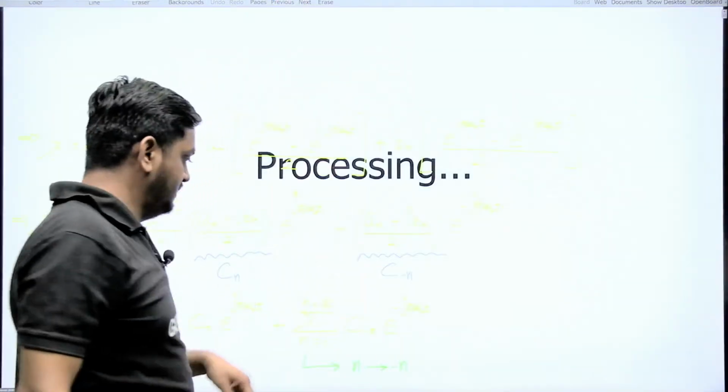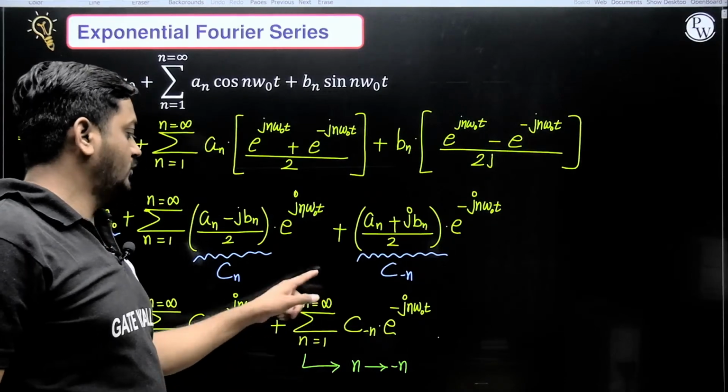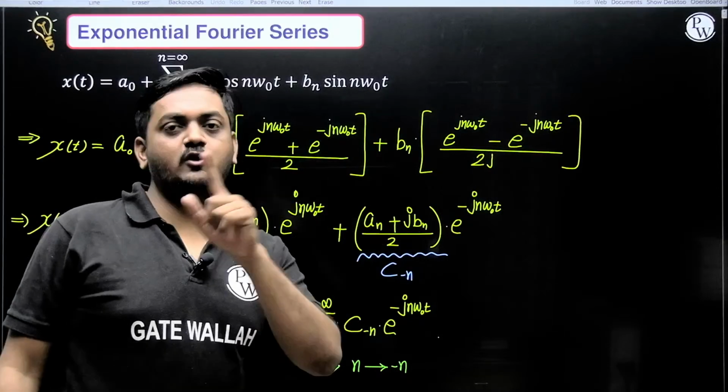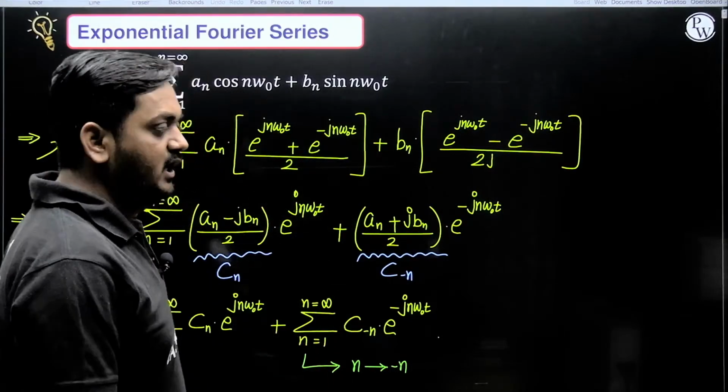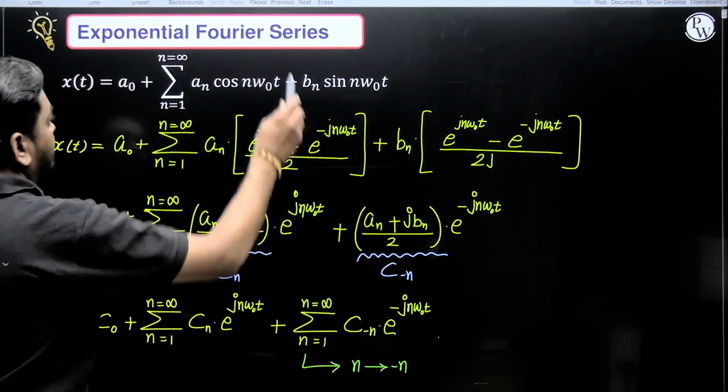Correct. Here it is 1 to infinity. If you replace n with minus n, then it will become minus 1 to minus infinity. Now if you write the summation from minus 1 to minus infinity or minus infinity to minus 1, both are the same. If you do the summation from 1 to 5 or 5 to 1, both are the same. Correct.